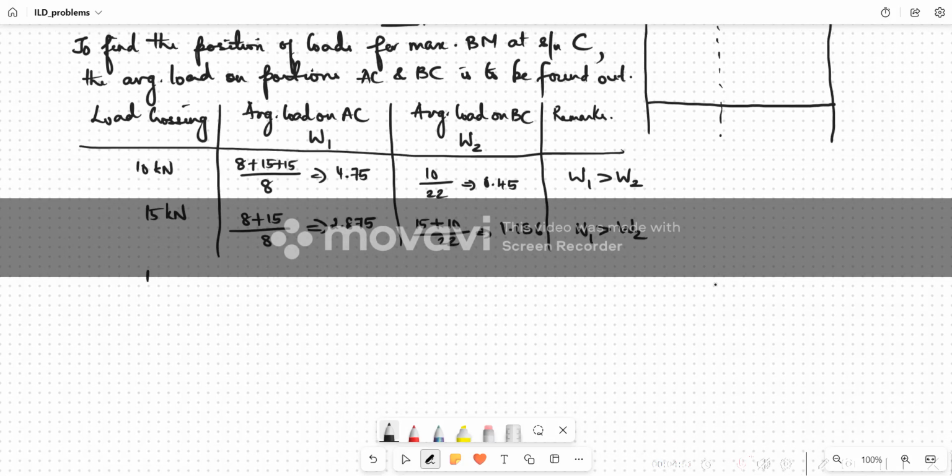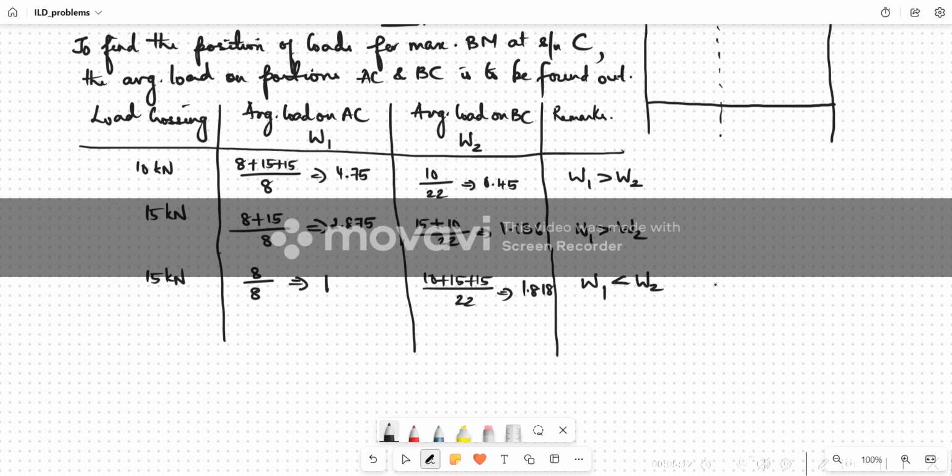The third 15 kilonewton crosses section C. Then the average load on AC is only 8 divided by 8, which is equal to 1, whereas here you get 10 plus 15 plus 15 divided by 22, which is 40 divided by 22, which is 1.818.